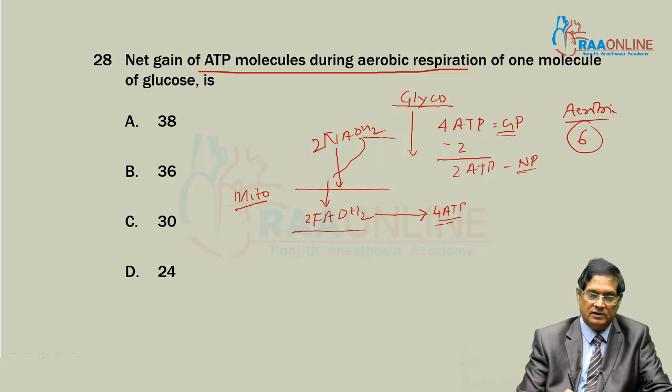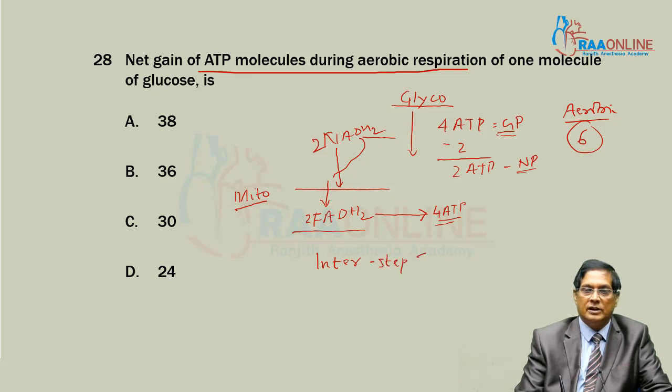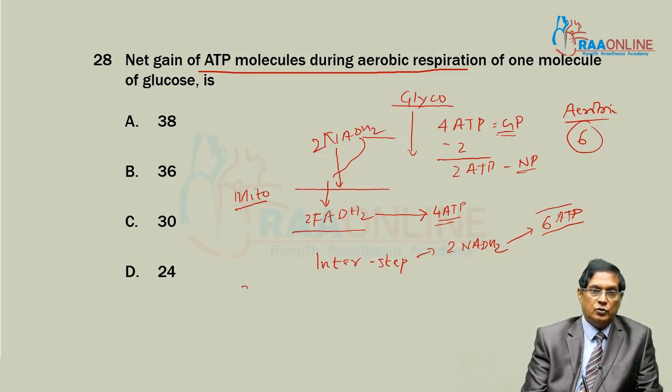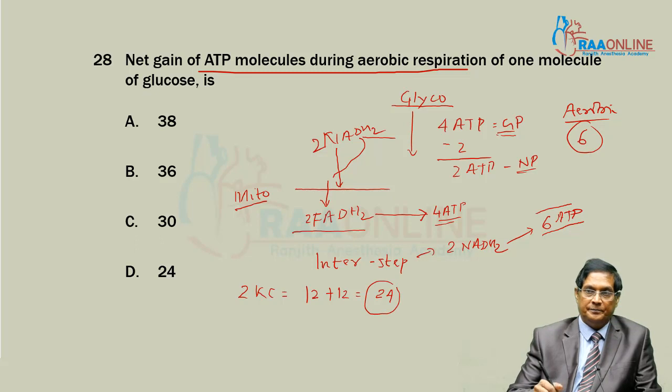Then the intermediate step takes place in mitochondria. It produces 2 NADH2, which within mitochondria form 6 ATP. So 6 ATPs from the intermediate step. Then 2 Krebs cycles are there. From one Krebs cycle, 12 ATP, from the second Krebs cycle, 12 ATP, that is 24 ATPs from Krebs cycle.